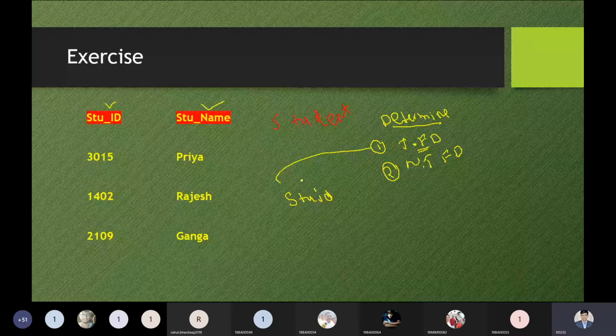No. A student says it is trivial because student ID is a subset of the table where we have student ID and student name. But if you put only a single attribute, it will only be student ID, and it is not a trivial example.